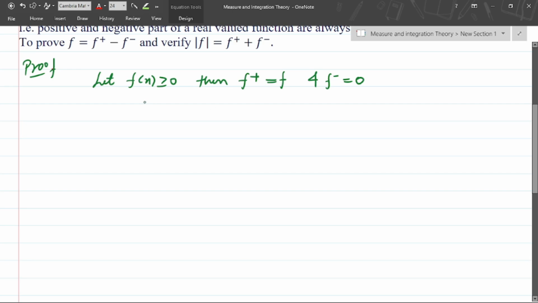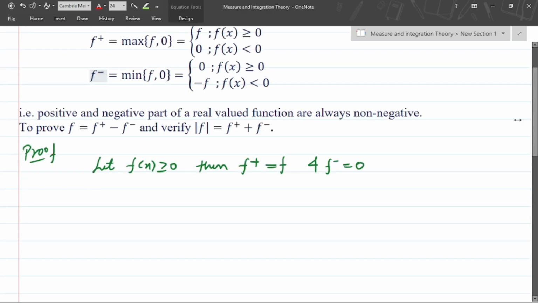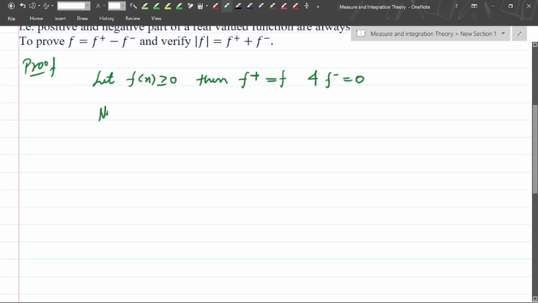Now we have f plus minus f minus, which is f plus minus 0.